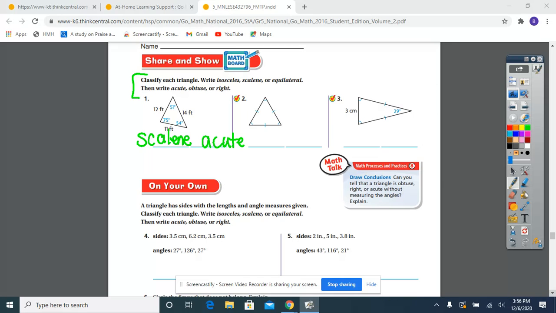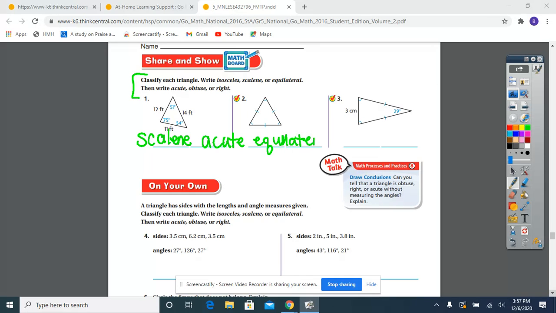Okay. So let's look at number 2. These little lines are lines of congruency. So they are saying that all those sides are equal. If all the sides are equal on a triangle, that means that triangle is an equilateral triangle. So I'm going to write in the word equilateral.